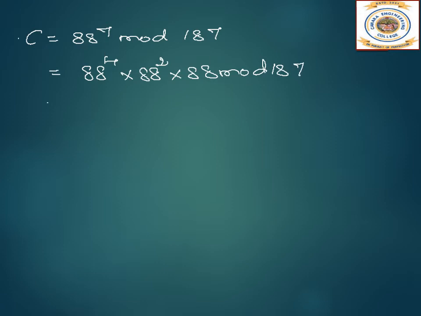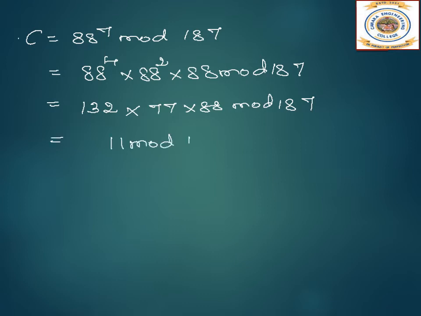Let us substitute now. 88 to the power 4 mod 187 we got as 132, 88 square mod 187 we got as 77, and this is 88 mod 187. So finally, after multiplication and taking mod, we get the answer as 11 mod 187. So the ciphertext for 88 is C is equal to 11. So this is how we do the encryption process.